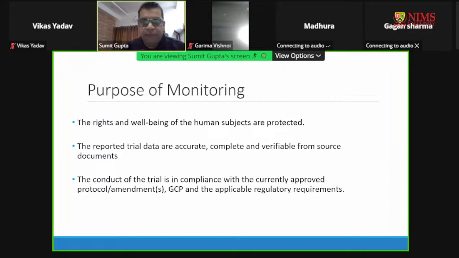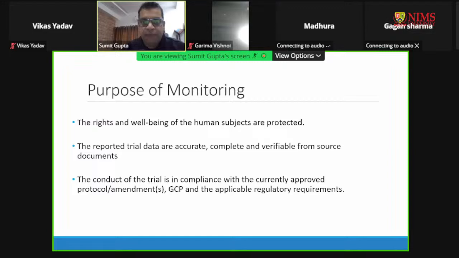And this kind of review can be done using analytical visualization such as graphs or with the help of dashboards to identify the trends or any anomalies or any outliers in the data which is collected at the site. In central monitoring, we don't have the site sending the source data as a scan through an email or text. But we just review the data entered in the CRF through a dashboard and in a graphical format, which I'll share with you in the next slide.